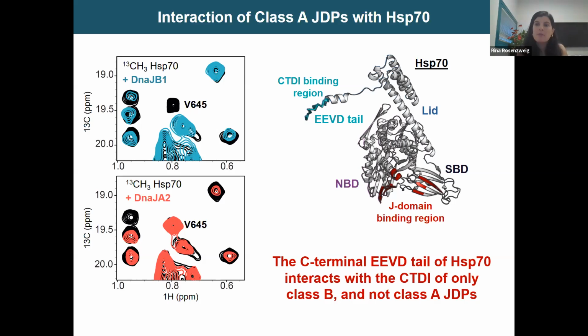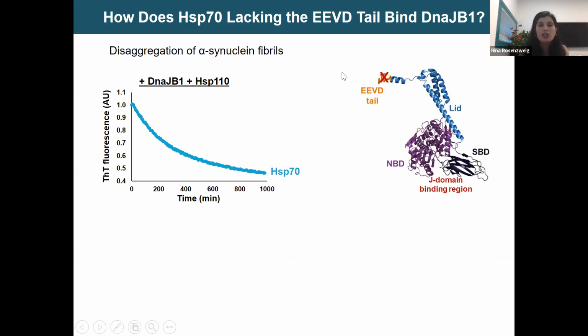But now the question is, is this interaction of any importance? I mean, it binds to the substrate binding domain, it's a disordered tail, maybe it's some mimicking of the substrate. So to see if this interaction is actually important for the function of DNAJB1, we tested the disaggregation activity of DNAJB1 together with HSP70 and HSP110 nucleotide exchange factor in disaggregating alpha-synuclein amyloid fibers.